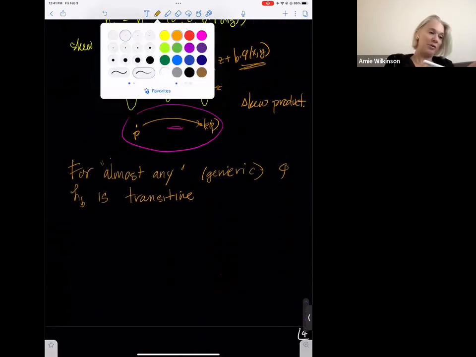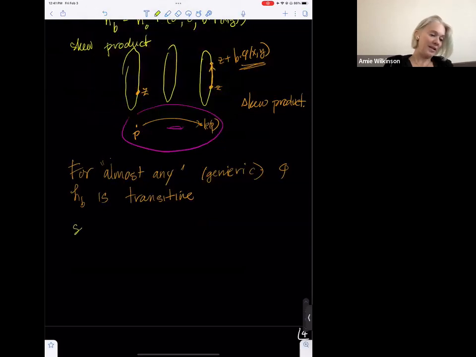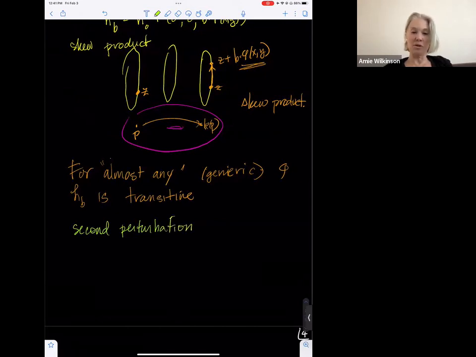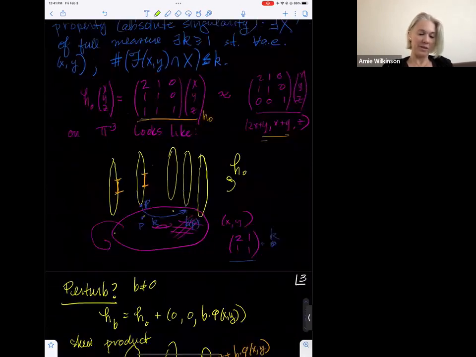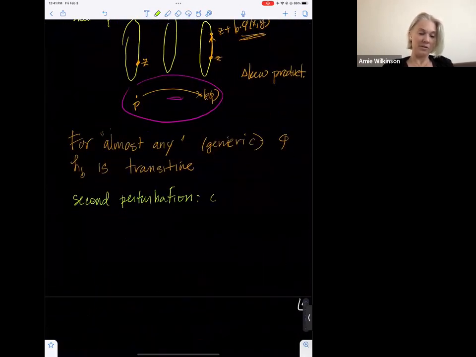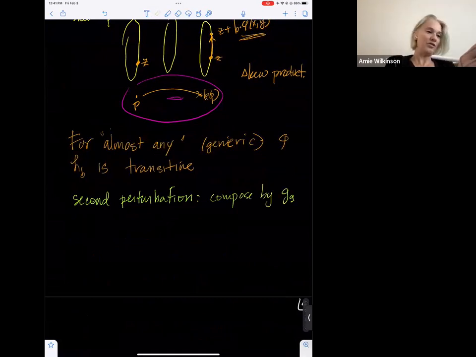Okay, and then there's a second perturbation, and let me just describe in words what it does. So I take HB and then I compose it by GA. What does GA do? In pictures.